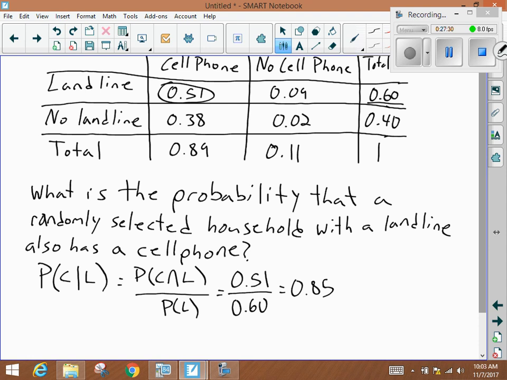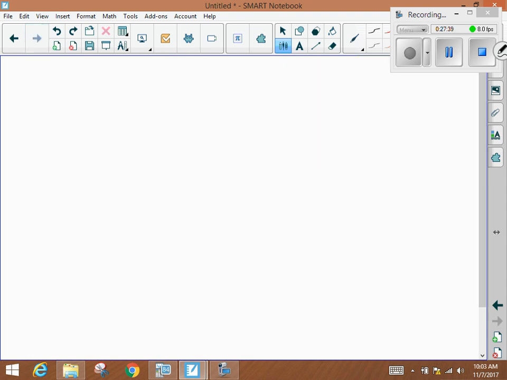We have a cool new rule that we're going to learn. Yay! We're going to learn our general multiplication rule.